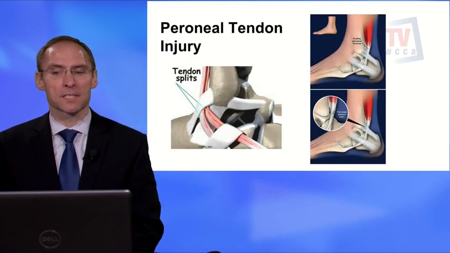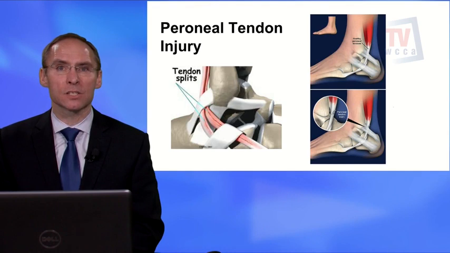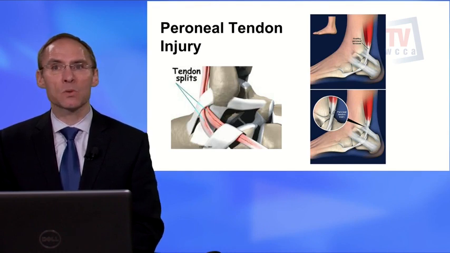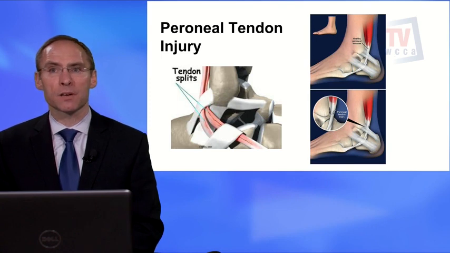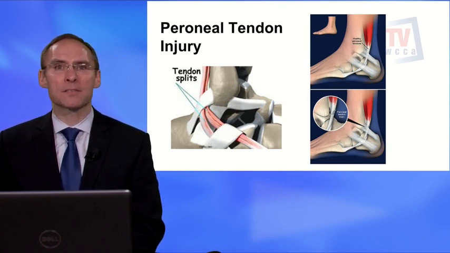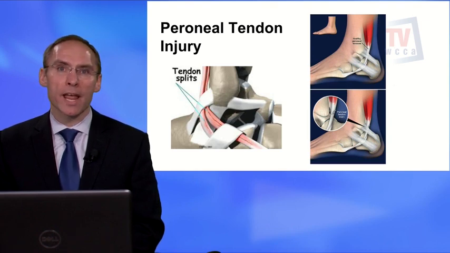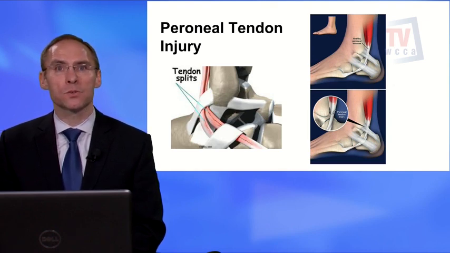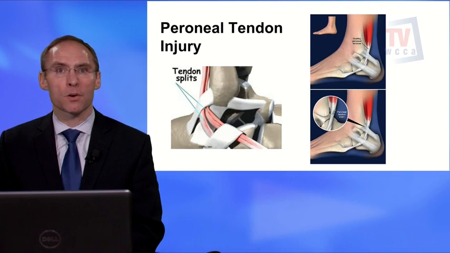This is something a little more technical, but on the outside of the ankle, you can see where the tendons come down and the tendons split around the ankle on that picture on the left. And if you have chronic ankle sprains, that could lead to some type of a tear of the peroneal tendons.